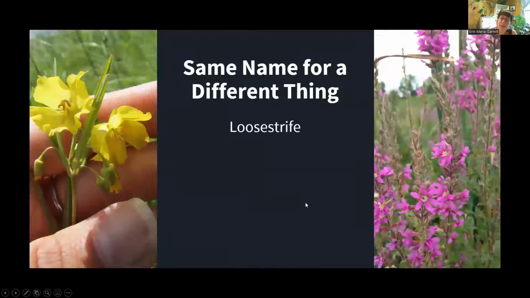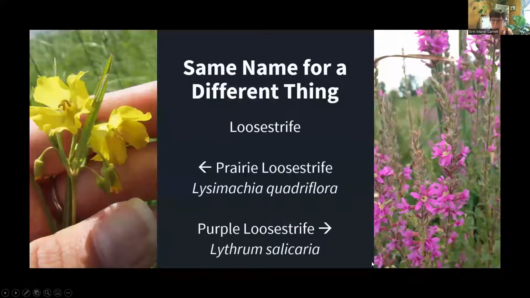Okay, we can also run into challenges when we use just a general name to describe plants. So both of these plants, you could describe them as loosestrifes because they are. But if we wanted to be more specific, with our common names, we'd add on an extra word, but then looking at the Latin, we can see how they're more different than they might appear just based on the names. So on the left, we have prairie loosestrife, and on the right, we have purple loosestrife.